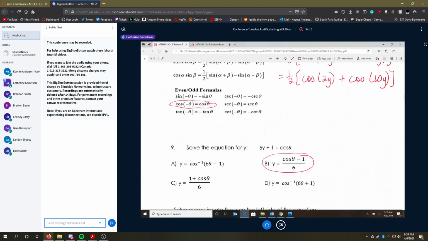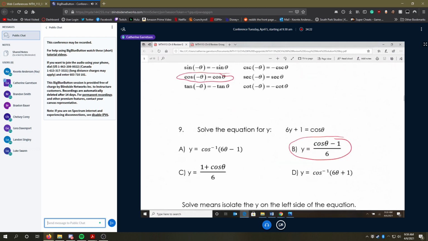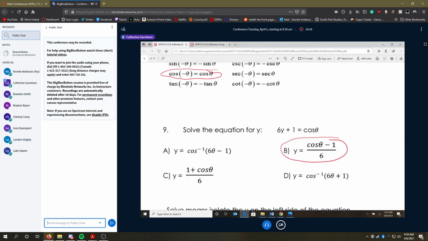Going to number 9. Solve the equation for y. Now, if you're not careful, you will think that I have to do something to find the angle. But when they say solve for y, they want you to just isolate the y. So I'm going to focus in on the right-hand side here, and I'm just going to undo the stuff that's involved with the y.